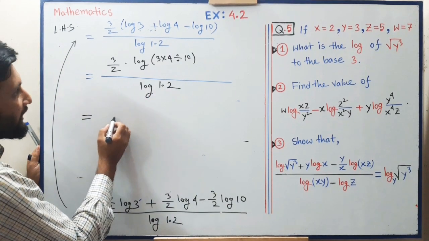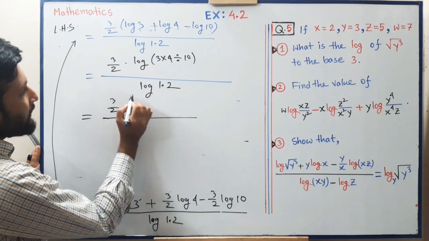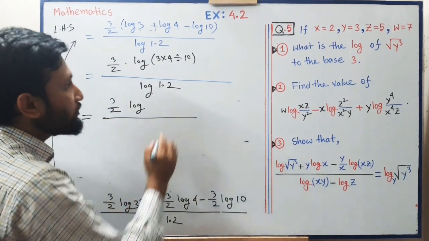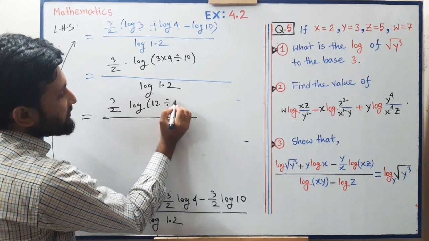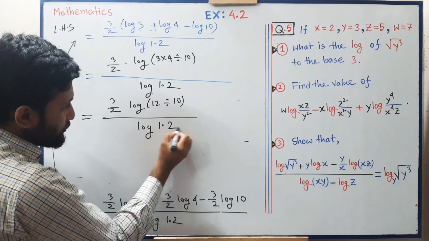So now we can write 3/2 and then log of 3 into 4, that means 12, divided by 10, and then in the denominator log 1.2.